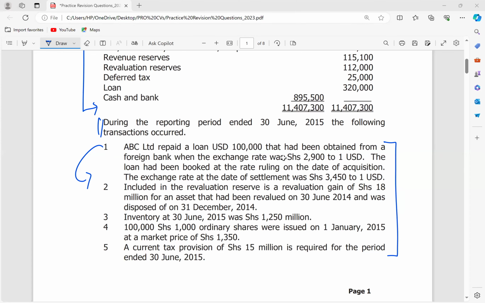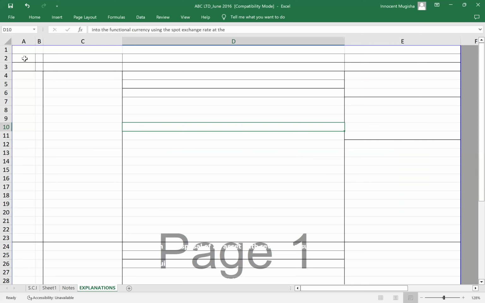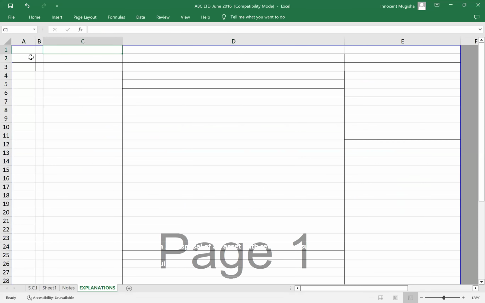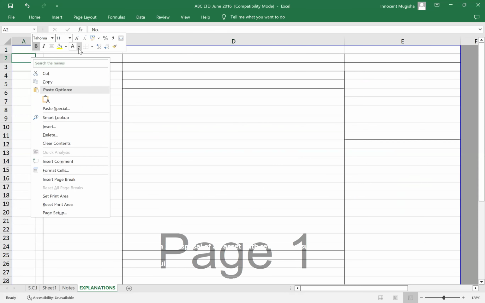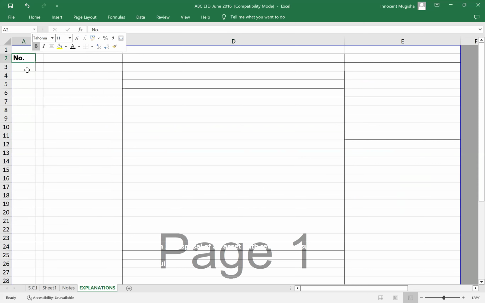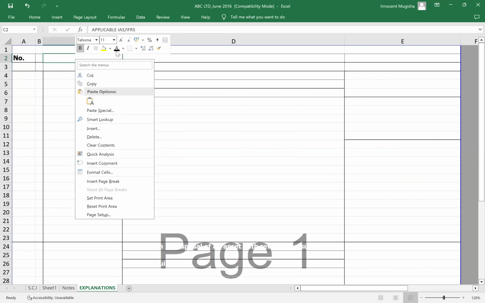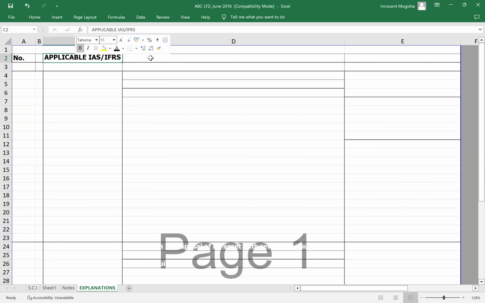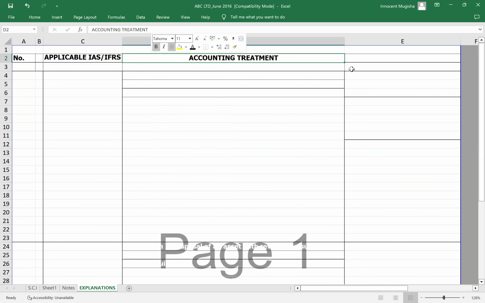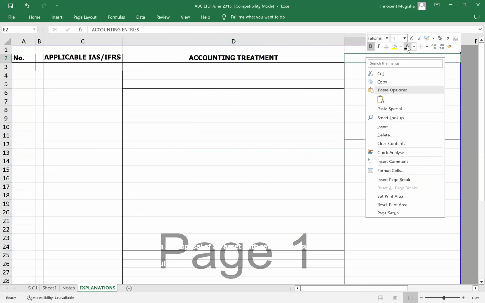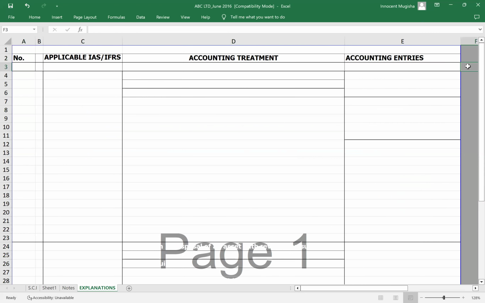And on this schedule, you will be showing the question number or the part of the additional information number. Then you show the applicable standard here. You show the accounting treatment, and then you give the examiner the accounting entries.